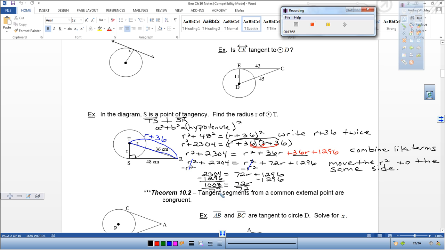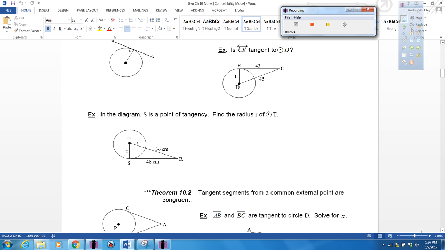Divide by 72. And I'm going to get R equals 14. So my radius of that circle is 14. Any questions over that? We're all good? Okay.